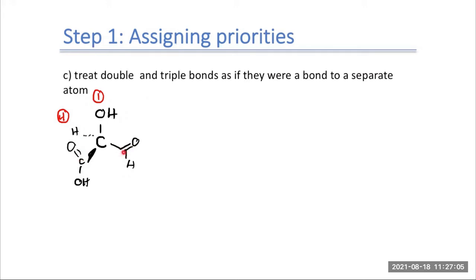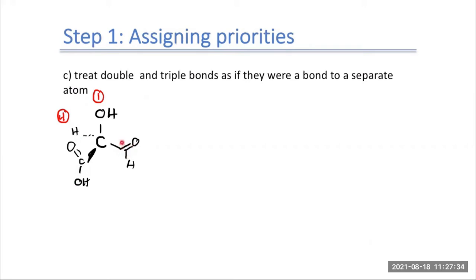Here, our aldehyde is double bonded to an oxygen and single bonded to a hydrogen. Here, our carbon is double bonded to an oxygen and bonded to another oxygen. So when we're trying to figure out the bonds, in case we didn't know, I can look at the carbon here.